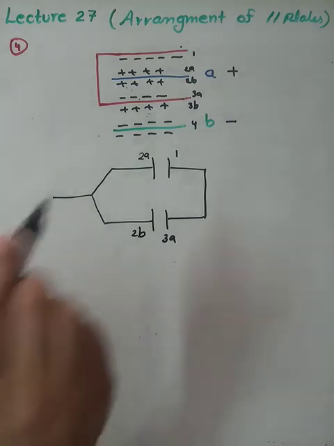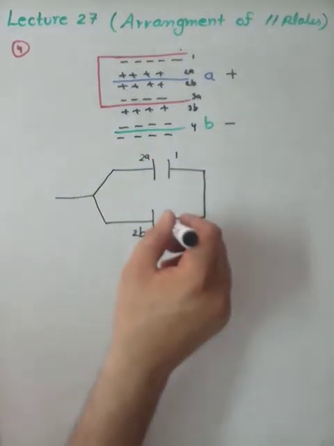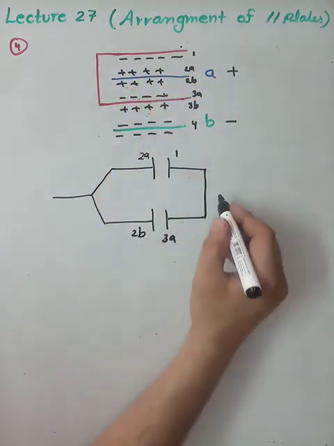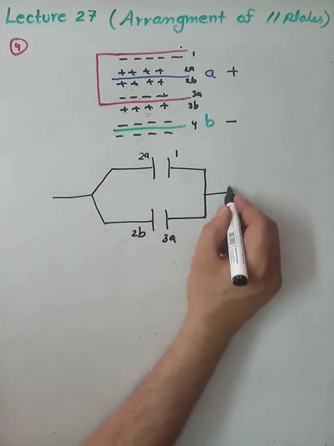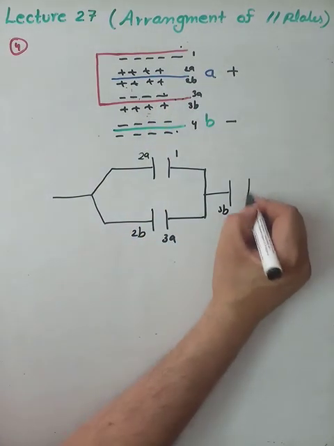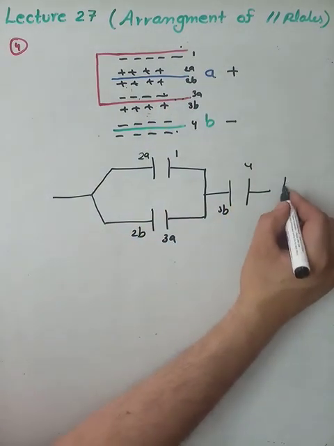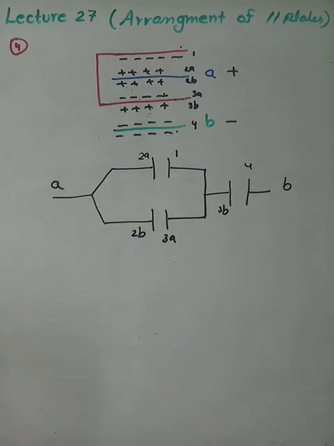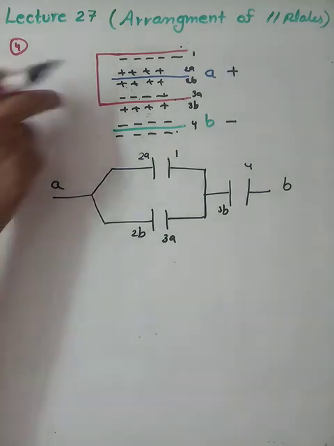Then adjacent to 3A, negative to positive, we have 3B. And in front of 3B we have 4, and 4 is connected with B. This is the modification of this arrangement.